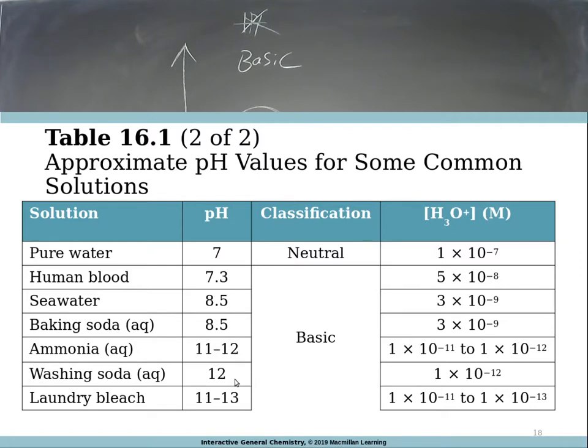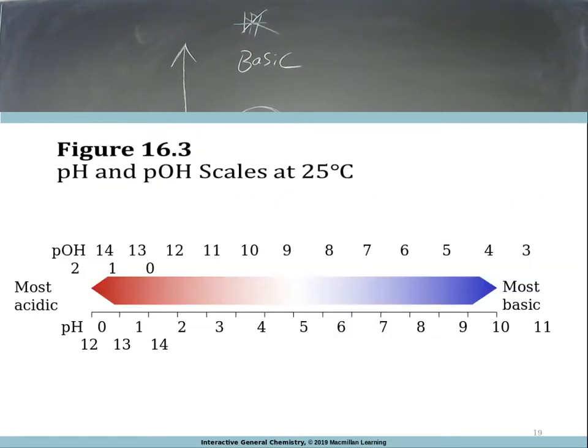And then, as long as I'm on the slideshow, we'll just keep moving here. In addition to pH, which is defined as the negative log of the concentration of H3O plus, we can also define a pOH.